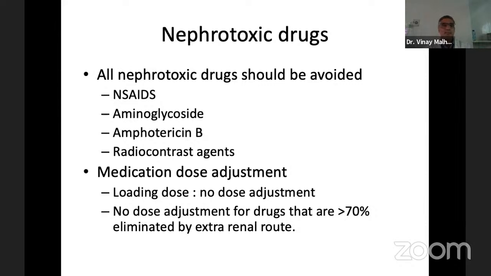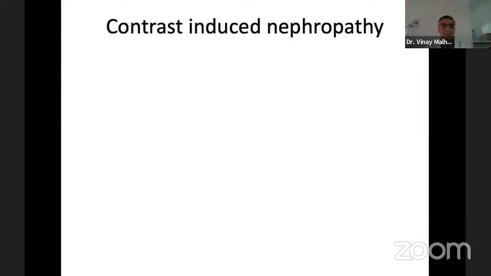Most of the time for the loading dose, no dose adjustment is required. No dose adjustment is required for drugs that are more than 70% eliminated by extrarenal route. But for those drugs where the route of excretion is through the kidneys, the modification of dose is required.